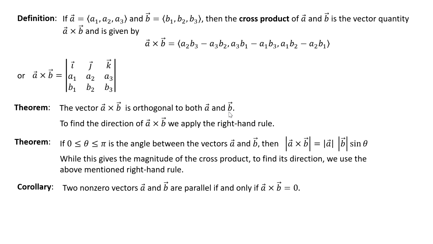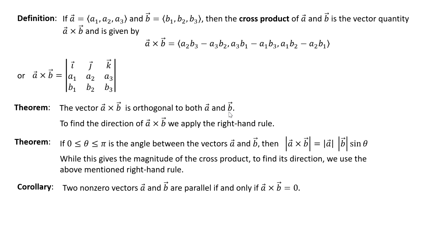Because we have a statement, two non-zero vectors a and b are parallel, before the "if and only if", that's the P part, and the Q part is a cross b is equal to 0. So this means if two non-zero vectors a and b are parallel, then a cross b is 0.